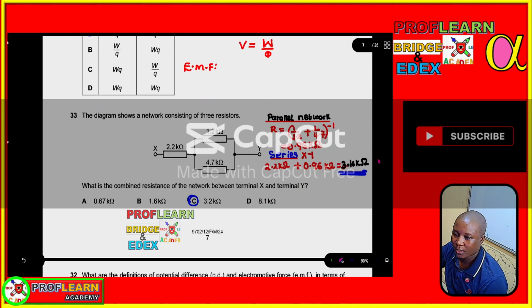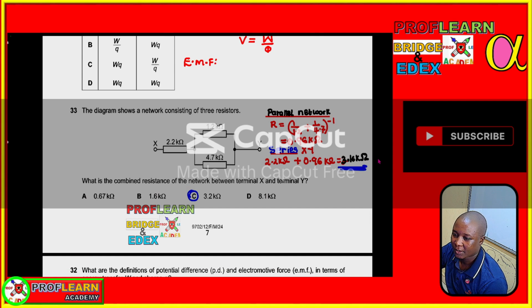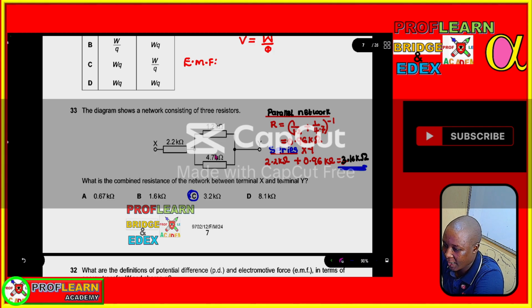The diagram shows a network consisting of 3 resistors. What is the combined resistance of the network? Something you want to realize is that these two are in parallel, so I will use the formula I told you I'd be using: 1 over 1.2 over 1 over 4.7, raised to the power -1, to get the answer directly.